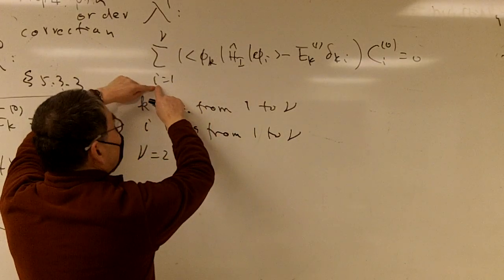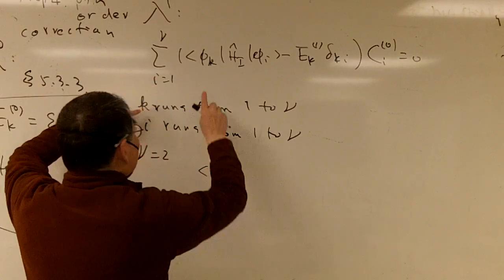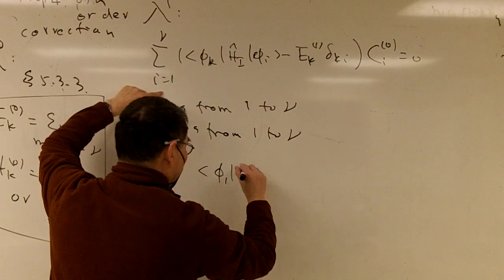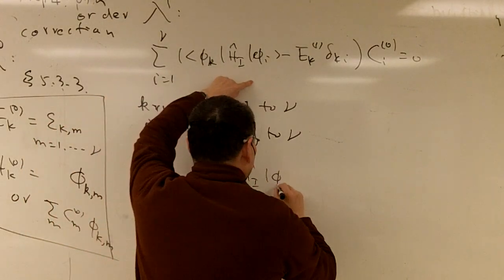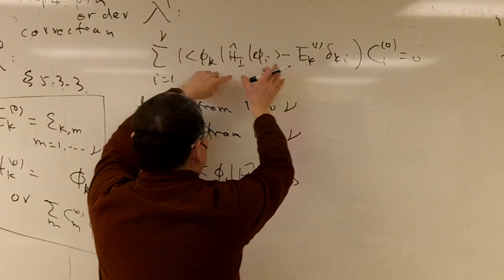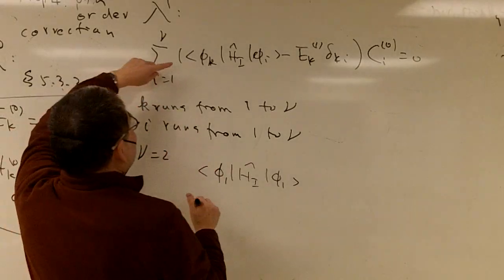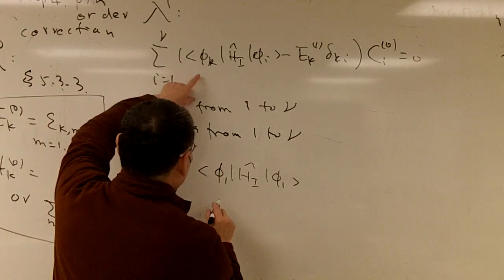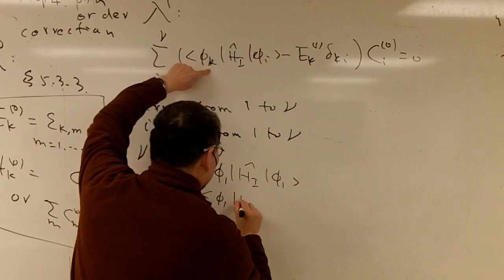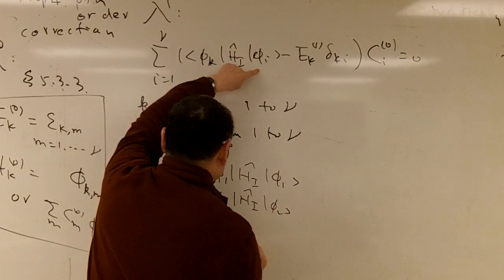When i equals 1 and k equals 1, I have these matrix elements. Let's forget about this for the moment, that's not the most important. The most important part is this. That's the first element. The second element will be phi 1, I stick with k equals 1, so this is going to be phi 2.